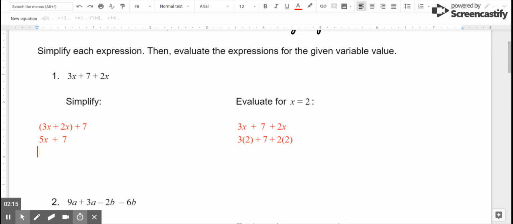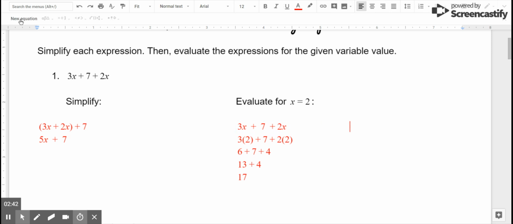Let's see what that gives me. 3 times 2 is 6, plus 7, plus 2 times 2, which is 4. 6 plus 7 gives me 13, and 13 plus 4 gives me 17. So this should evaluate to 17.